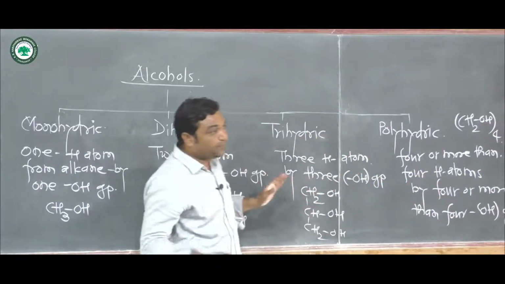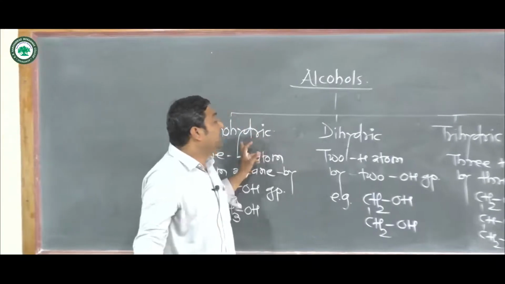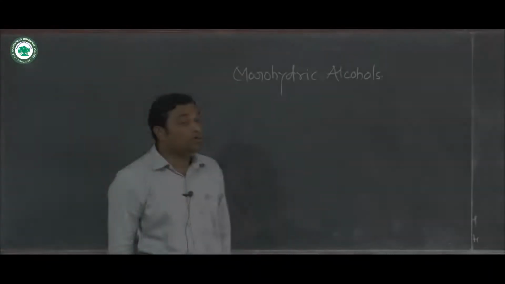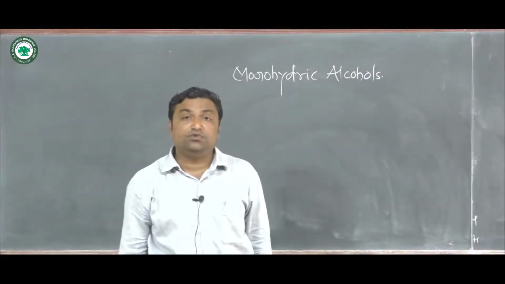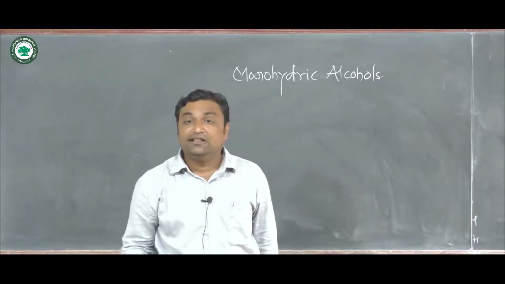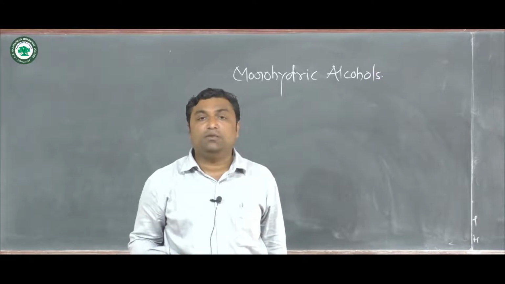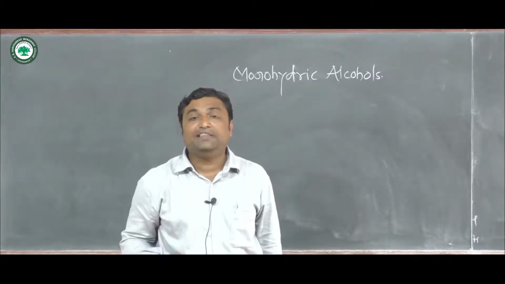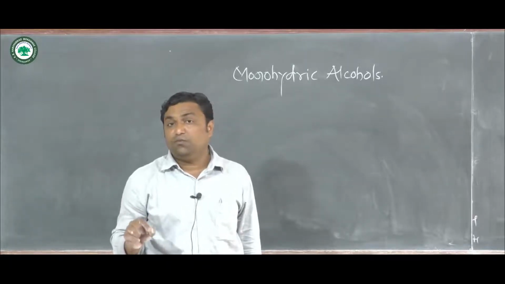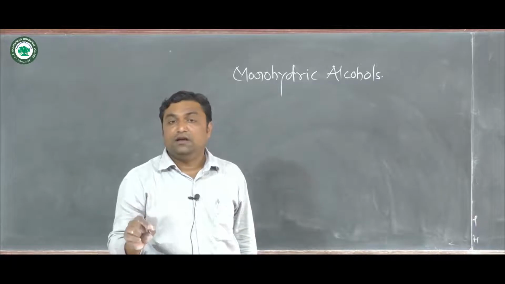Okay, now this year the study of monohydric alcohols is included in our syllabus. Now we know the definition of monohydric alcohols. Monohydric alcohols are those alcohols which are obtained from an alkane by the replacement of one hydrogen atom of the alkane by one hydroxyl group.